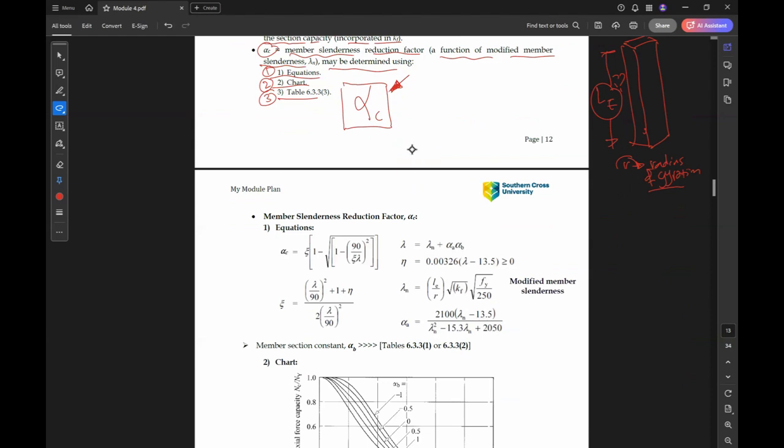So using the equation, it is a little bit complicated. To find alpha c by the equations, we use this equation from the standard. So we have alpha c equal to epsilon times 1 minus root 1 minus 90 over epsilon or zeta lambda.